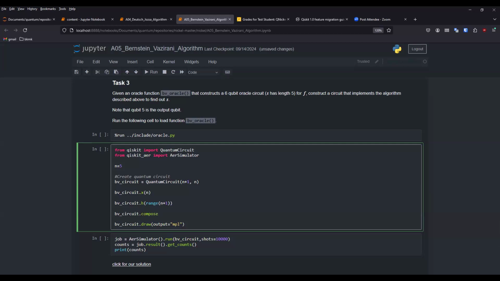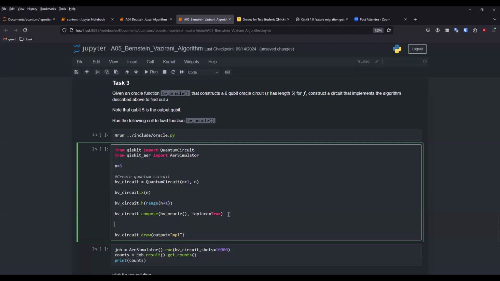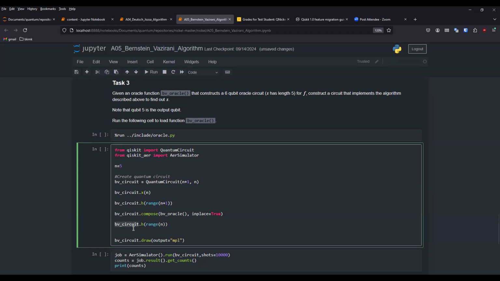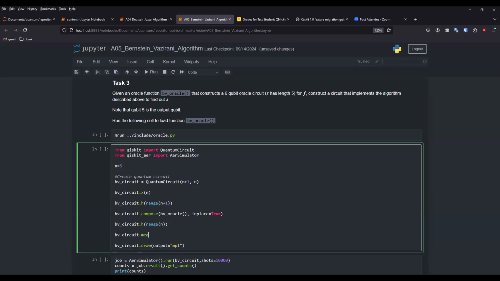The oracle. Next, Hadamard again, but we don't need to put it onto the target qubit because we're not measuring it. And then we're drawing it.